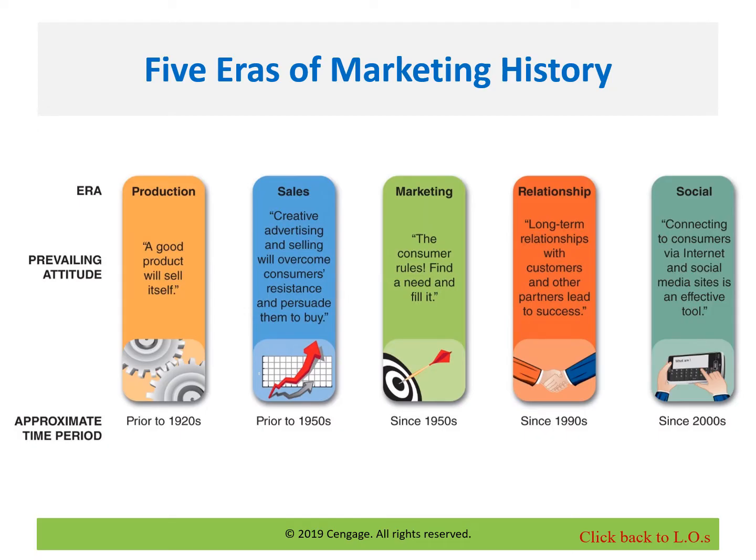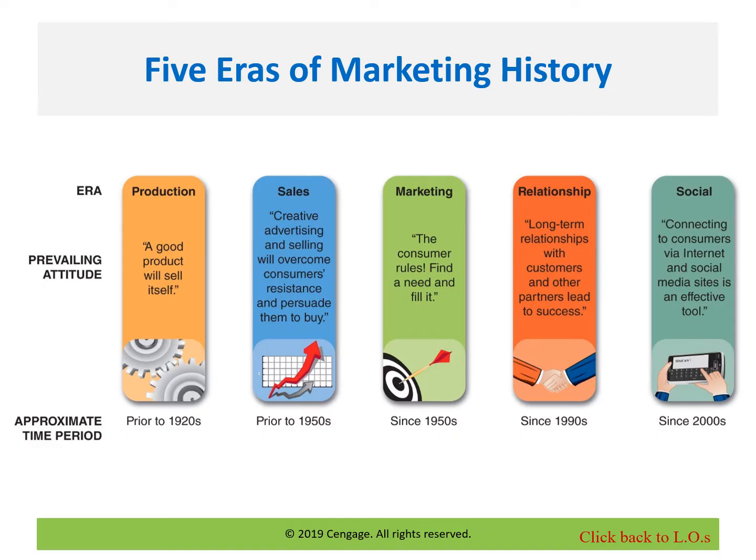So again, the 5 eras of marketing history are the following. First, the production era, wherein manufacturers just kept on producing products because their belief is that a good product will sell itself. Next is the sales era, which resulted from too many products from the previous years.